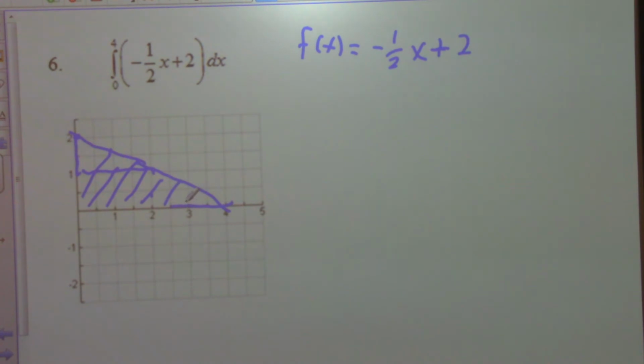So what is this one going to be here? It's a 4 by 2. So that's going to be 4. It's the area under the curve. Okay, here's our curve. And by the way, curve could actually be a line in algebra. It's a curve with a constant slope, essentially.